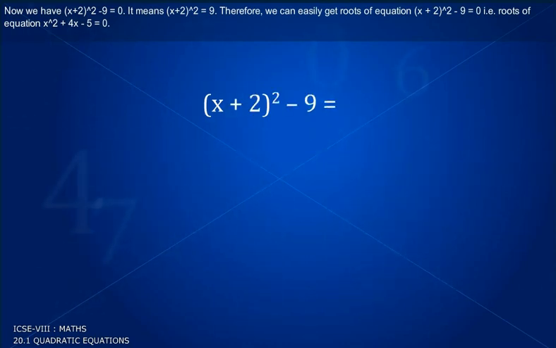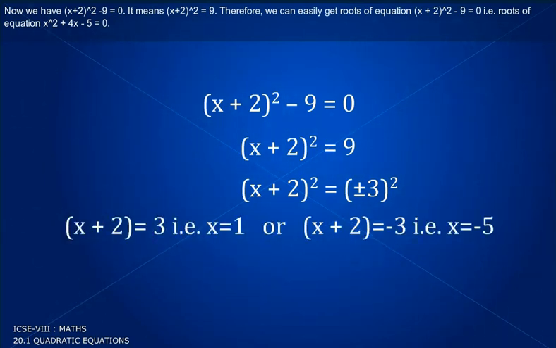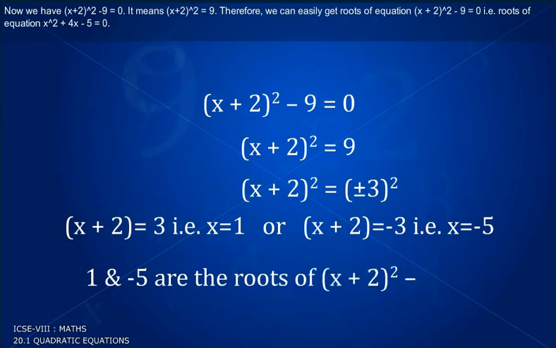It means (x plus 2) whole square is equal to 9. Therefore, we can easily get roots of equation (x plus 2) whole square minus 9 is equal to 0, that is, roots of equation x square plus 4x minus 5 is equal to 0.